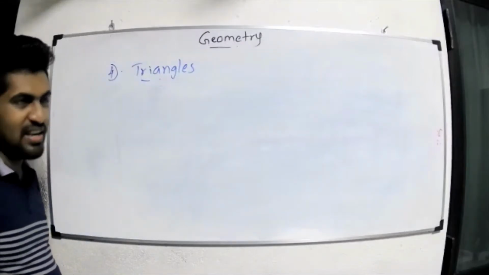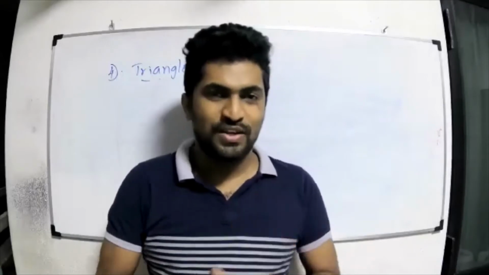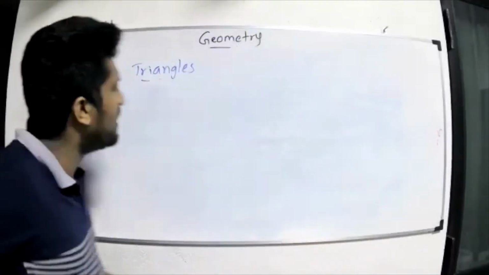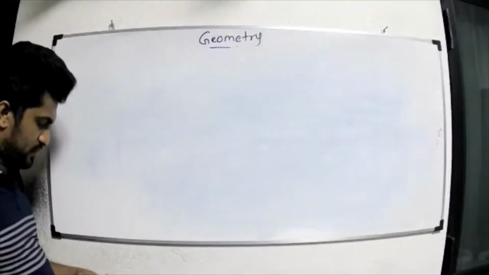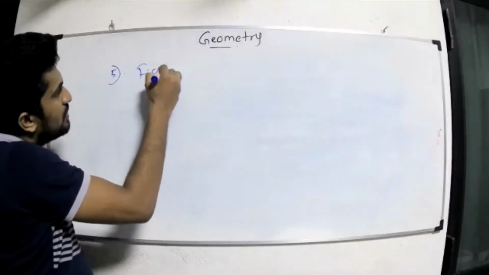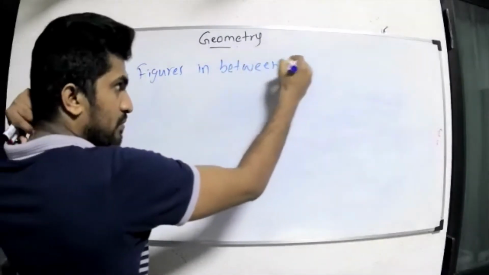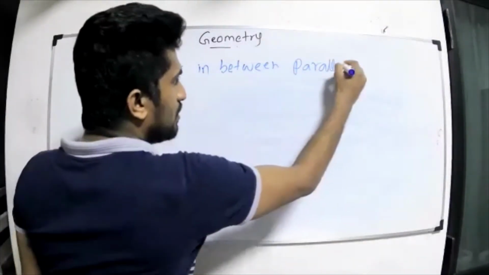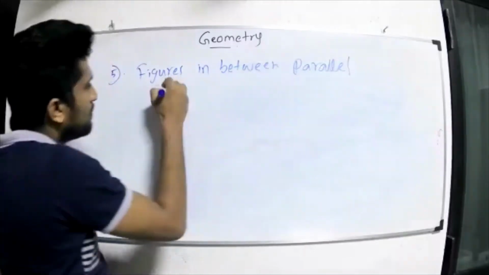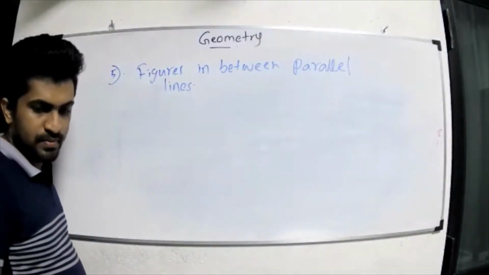Okay, now the triangle part is also over. Then I have to move to the fifth one: figures in between parallel lines.